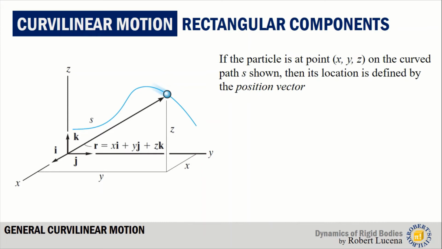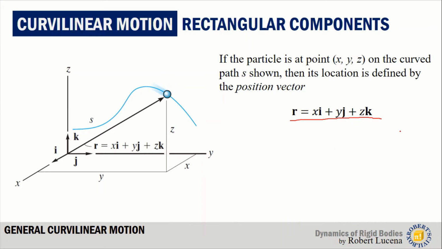So if a particle is at point x, y, z, for example, in this case, and the curved path is shown as S here, the location of this particle is represented by a vector equal to this one. As you can see, the i is the base vector for the x component, the j is the base vector for y, and k is the base vector for the z axis.